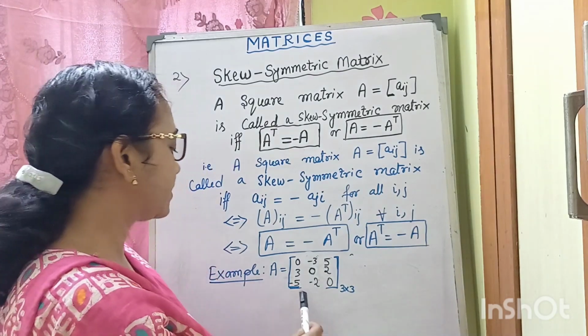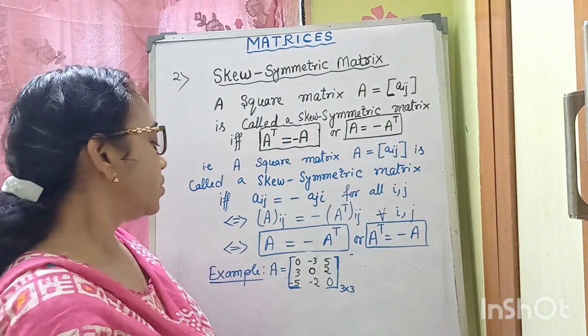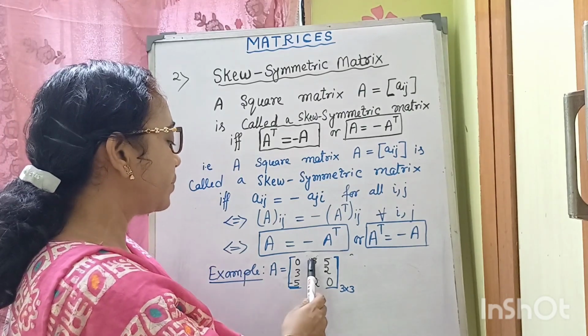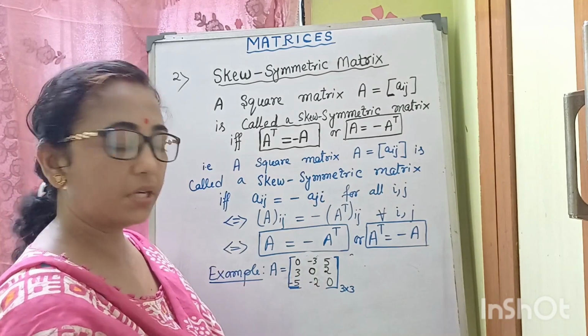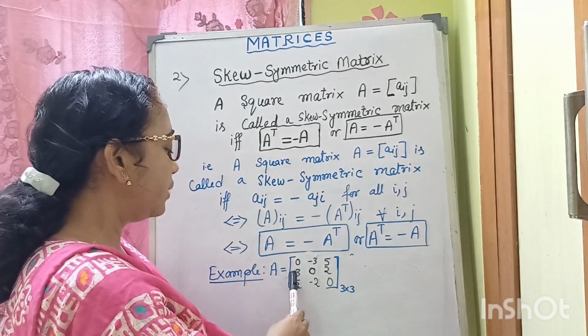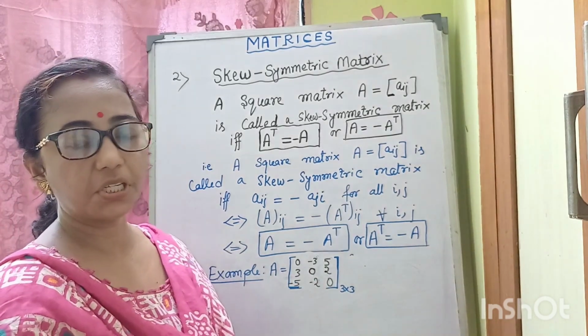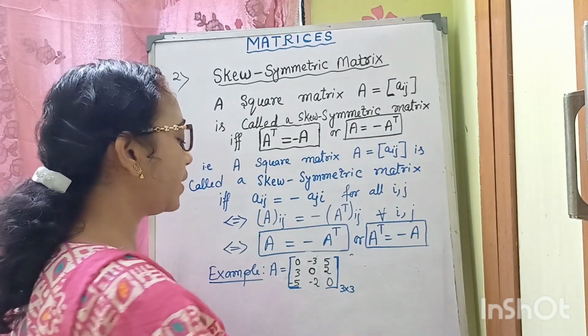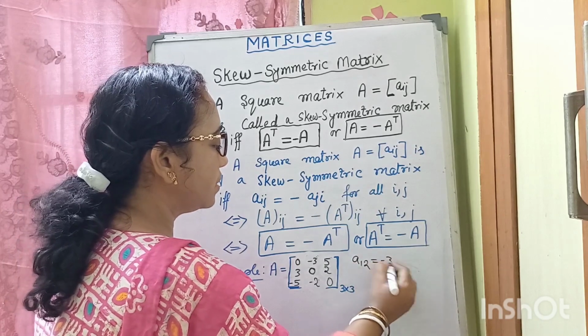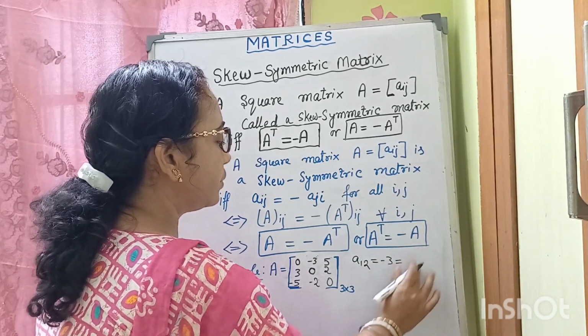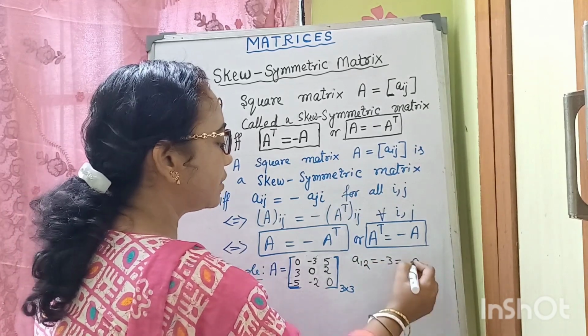Now look at one example which is shown here. The element present in the A12 position is minus 3, and the same element is present in the A21 position, that is plus 3. So they differ by only the negative sign. So A12 element is here minus 3, which is same as the element in the A21 position, but they differ by minus sign.